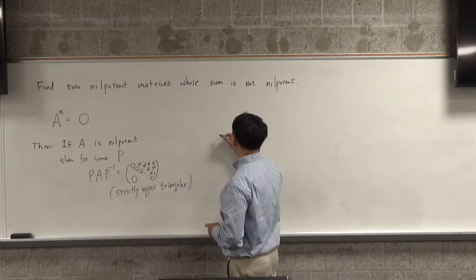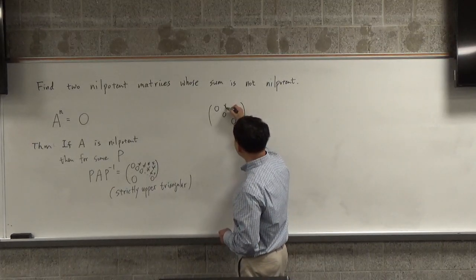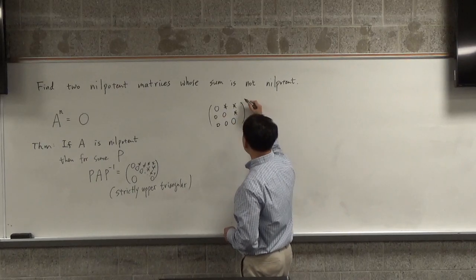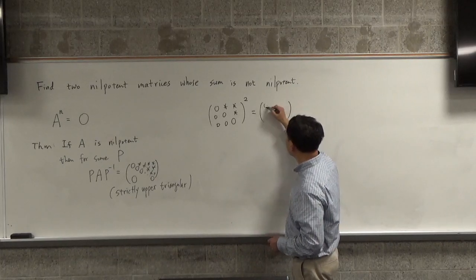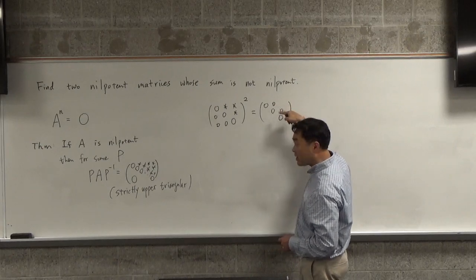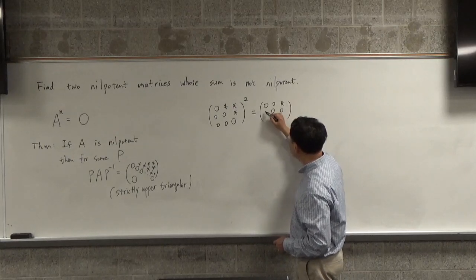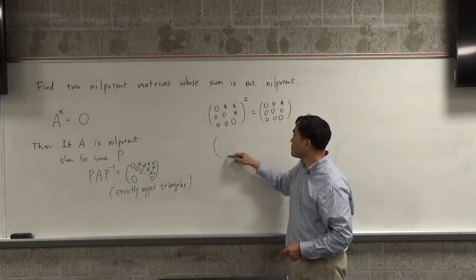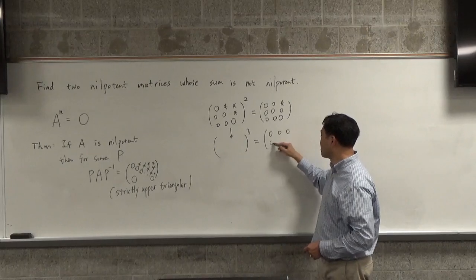So if you had a 3 by 3 matrix with 3 non-zero entries, and if you did a square of this, you'll see that at the first iteration, the next diagonal line above the diagonal will be zeros, and you get this. And then, therefore, if you take the third power, you get 0, 0, 0, 0, 0, 0.